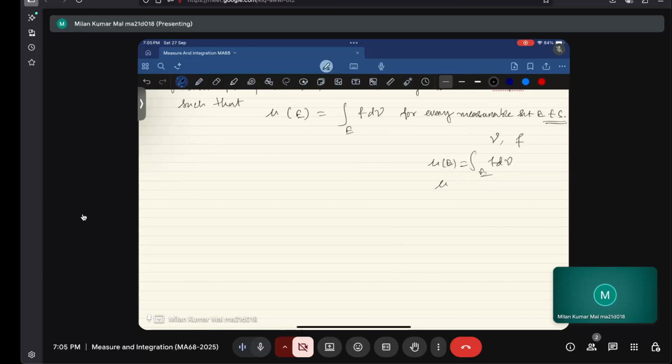Then what we'll have? We have that mu of E is equal to 0 whenever nu of E is equal to 0.